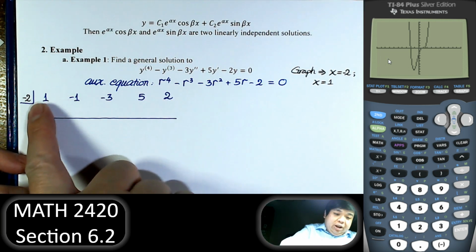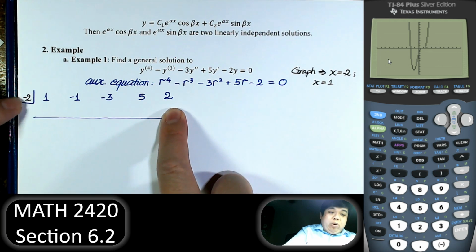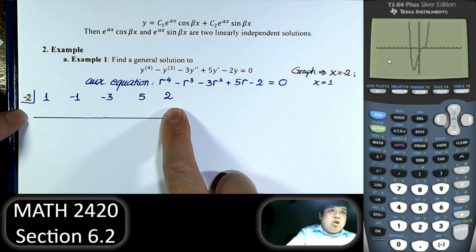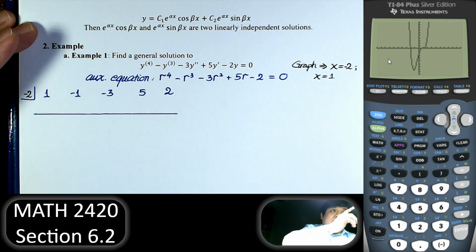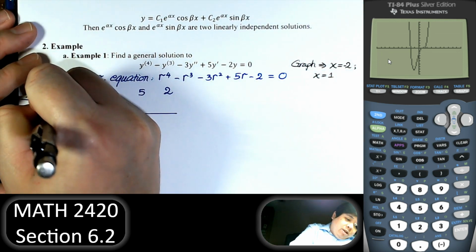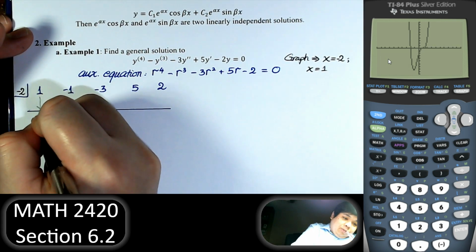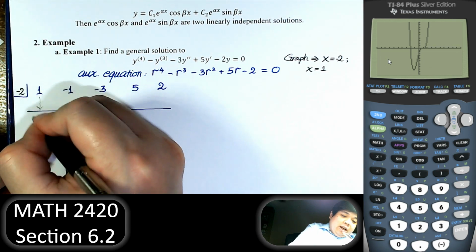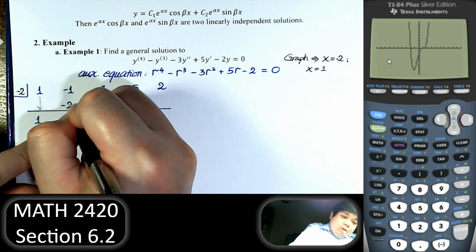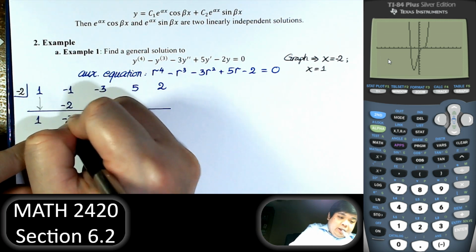Now we write the coefficients, and then we write the suspect, -2. We don't know if this is a solution or not, but we just want to divide by -2 because that's what we have. First we write this number down, so we have 1. Then multiply: -2 times 1 is -2. Put it in the next column, and then add: -3.